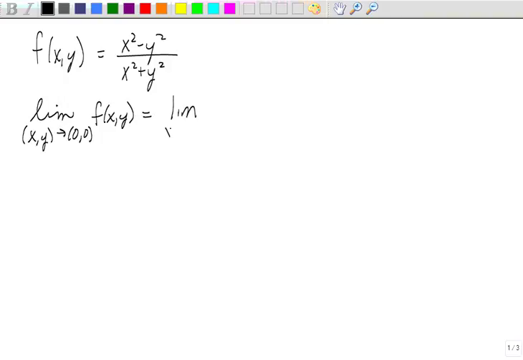Let's just let x go to 0 and keep y constant. So we're along points on the x-axis. These are points along the x-axis.